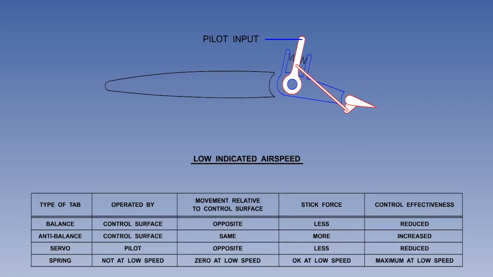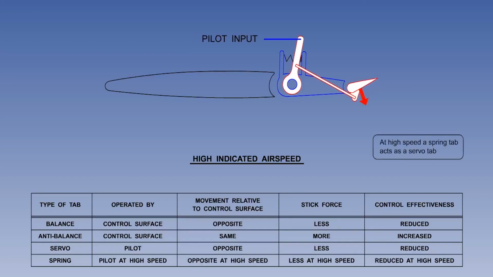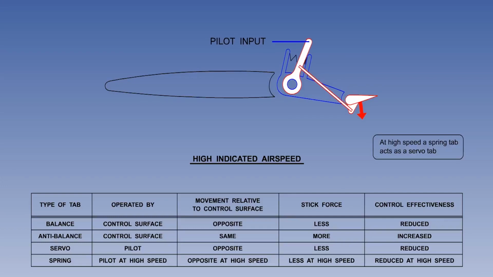But now you can see there is a spring fitted between the horn and the control surface, so that when the pilot makes an input at low IAS, the control surface and the spring tab move together, giving maximum effectiveness. Progressively, as the IAS increases, there is a greater aerodynamic force on the control surface that resists the attempt of the pilot to deflect it into the airflow, causing the spring to be compressed.